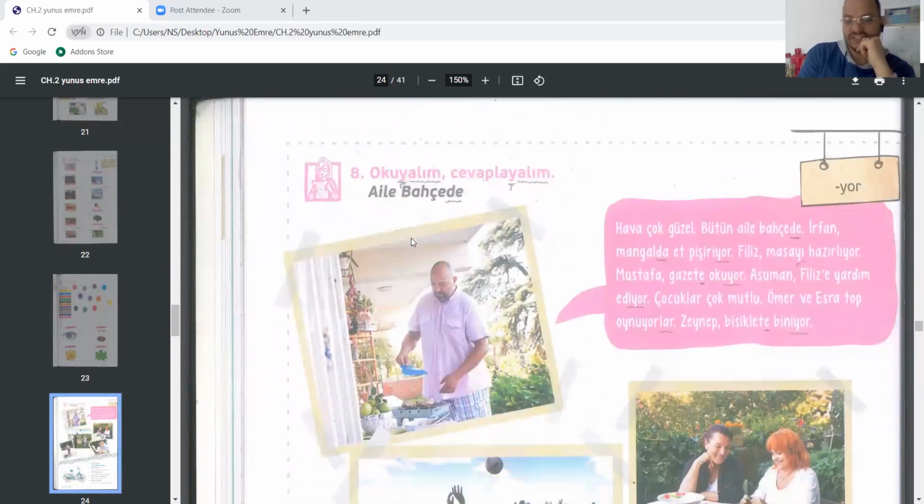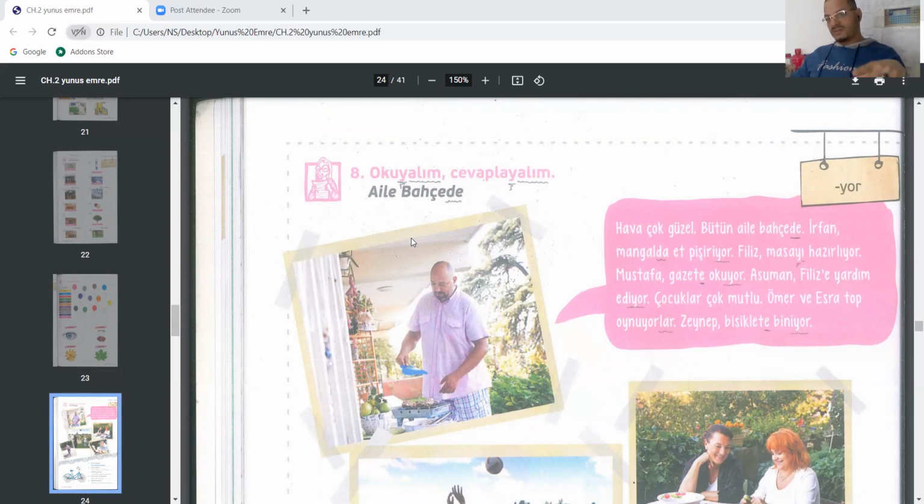Okuyalım. Ali bahçede. Ali at the garden. In the garden. Hava çok güzel. The weather is great. Bütün aile bahçede. All my family inside the garden. Erfan mangalda. Mangal here is the thing when we want to barbecue.